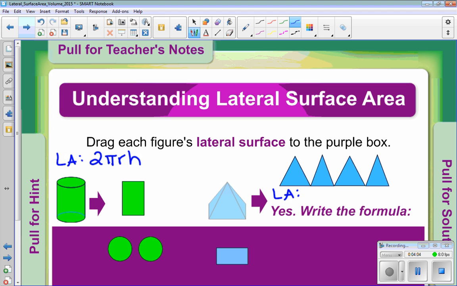Over here on lateral area for the square pyramid, what's the formula? 0.5 LP. That's okay, I'm just making sure we're looking at the right thing. So we have to figure out what these are. 1/2 L, lowercase p. What's L?